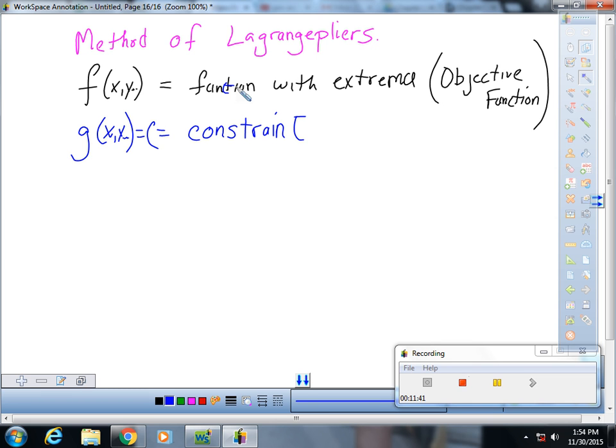Okay? Alright, so the first thing that we do is you set up, in this case it would be 3 equations. You would say let f sub x equal to some constant. So instead of referring to that as c now, we're just going to call it lambda. The lambda is our Lagrangiplier. So f sub x is equal to lambda times g sub x.